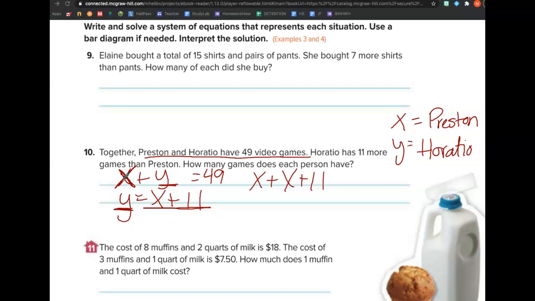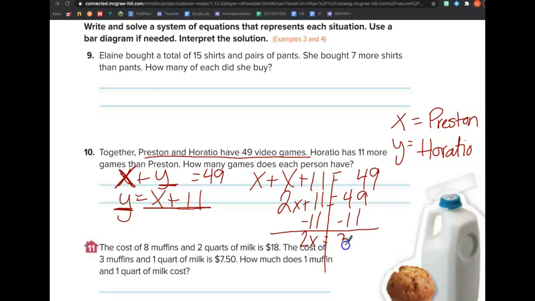I'm subbing the Y. So what do I get? How would I solve? So I get 19.